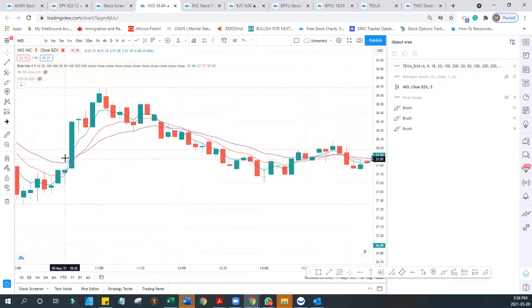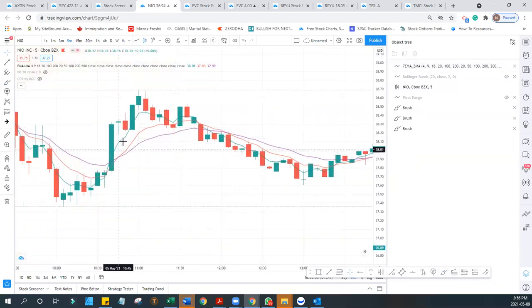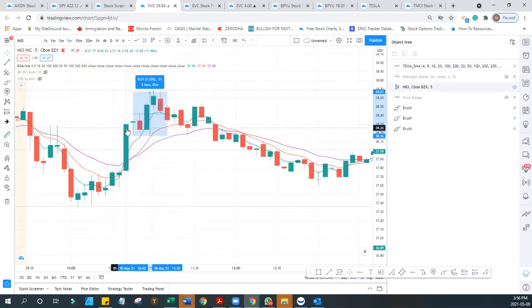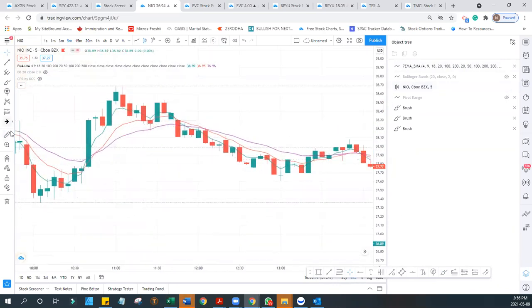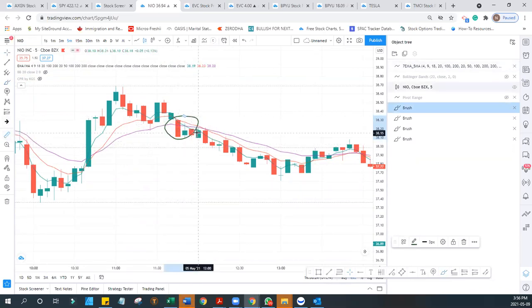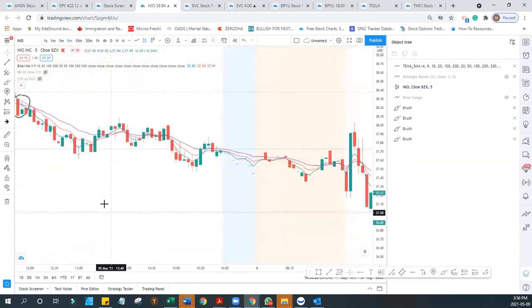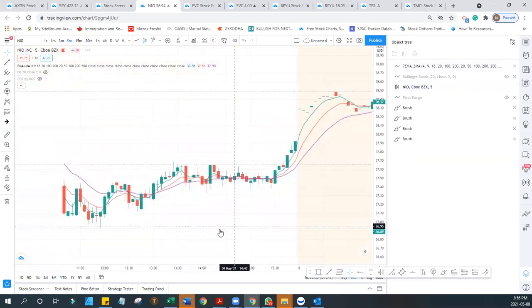If you see the price went up, the moving average goes up, your stop loss will be somewhere here. You would have been able to get about 1% here, because you will get entry after this one anyway. And if you short in this area, then you will get up to here, 1% to 4%, depending on how you take a trade.